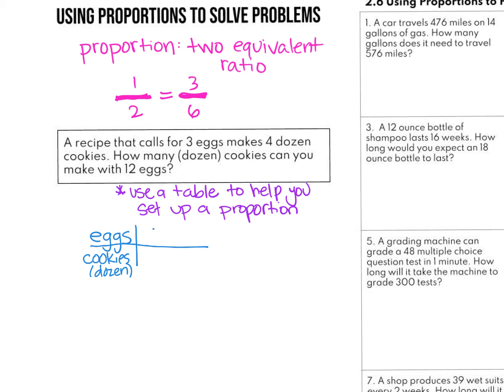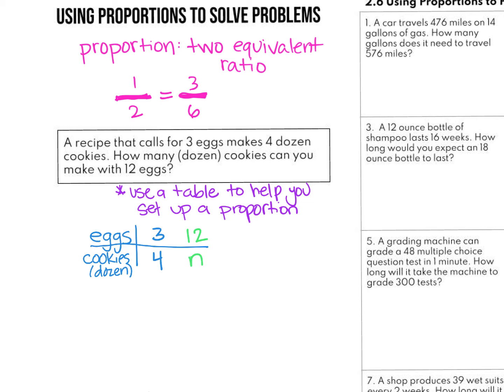So we know that 3 eggs makes 4 dozen cookies. The question is, with 12 eggs, how many dozen cookies? I'm going to use a variable for that. Actually, I'm not going to use X because we've been using X and Y a lot. I'm going to use N, just so that we don't get confused.